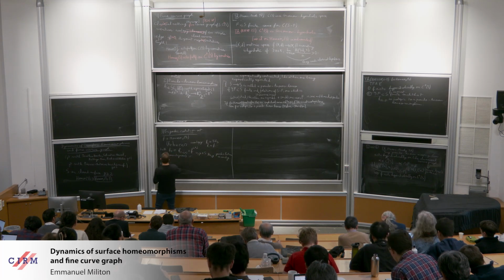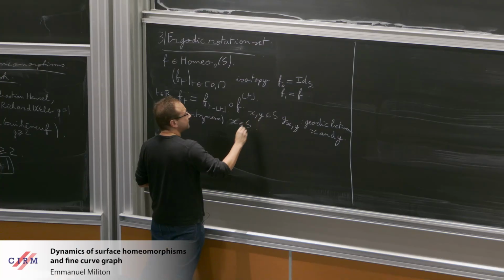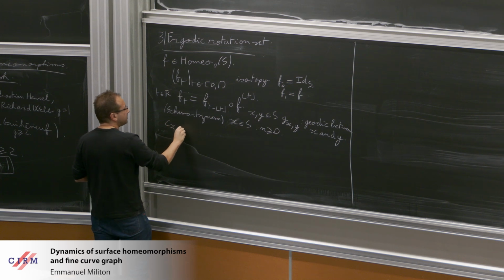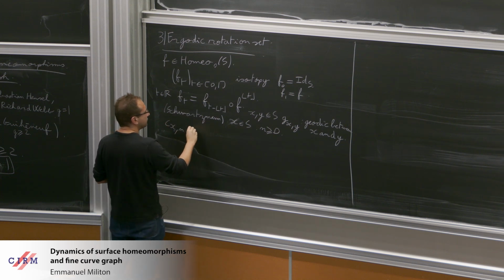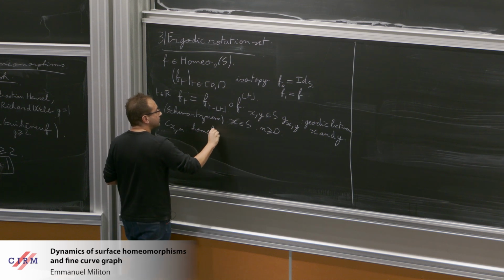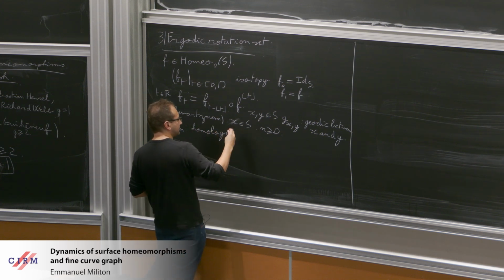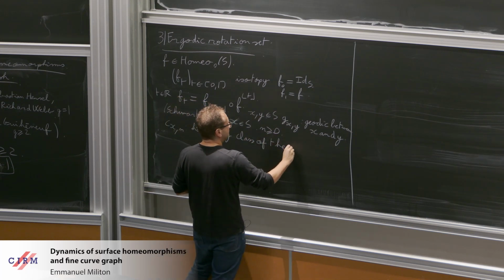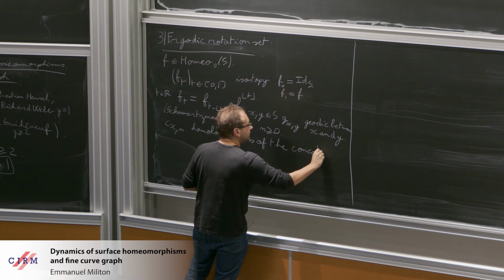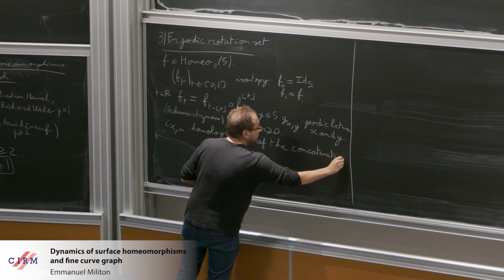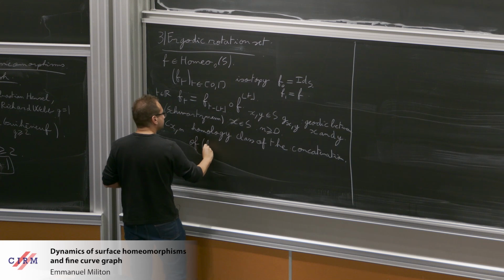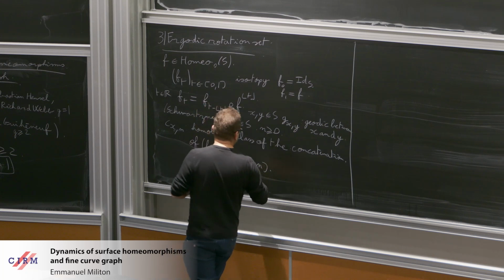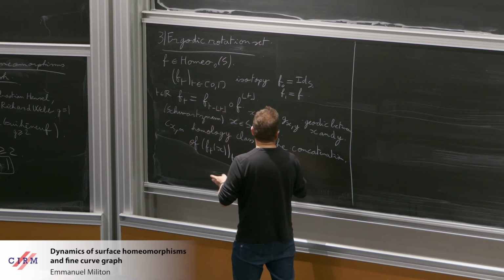So pick a point x in your surface, pick an integer n, and I will denote by c(x,n) the homology class, in H1, of the following path, which is the concatenation of f_t of x during a time n with something which closes the orbit.